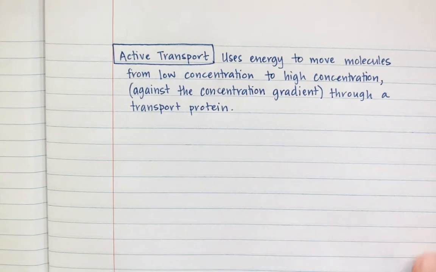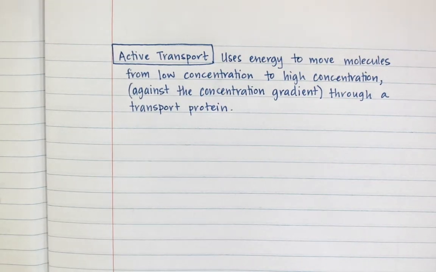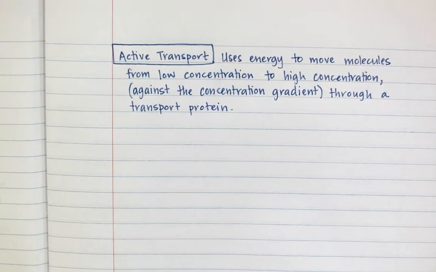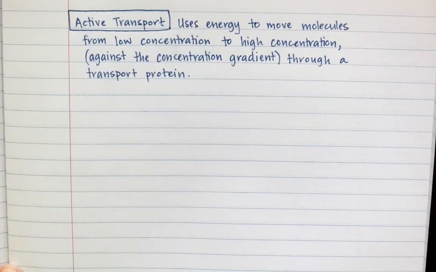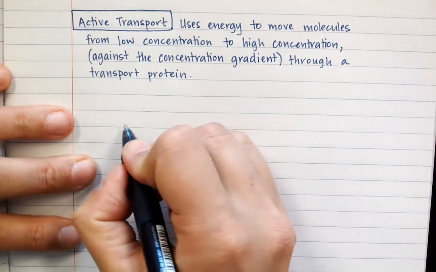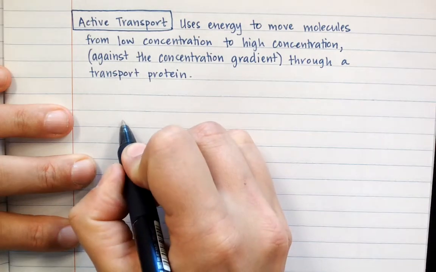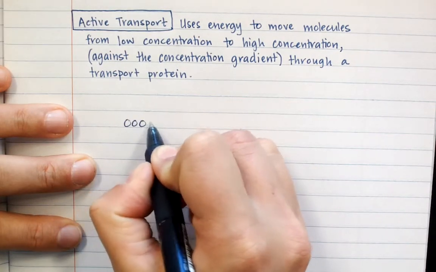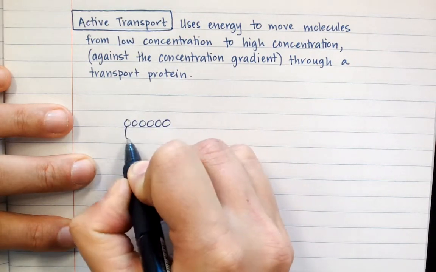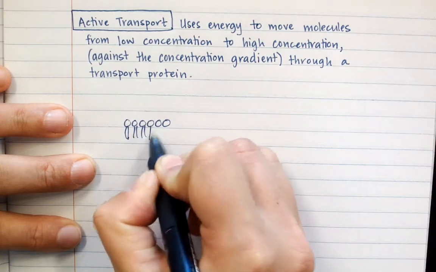So I'm going to need to draw my same sort of setup here that I had before. So I have my cell membrane, which is a phospholipid bilayer, and now I'm getting lazy.